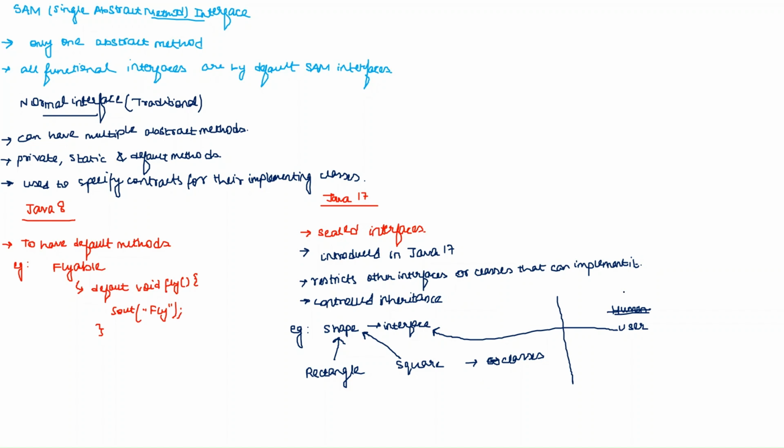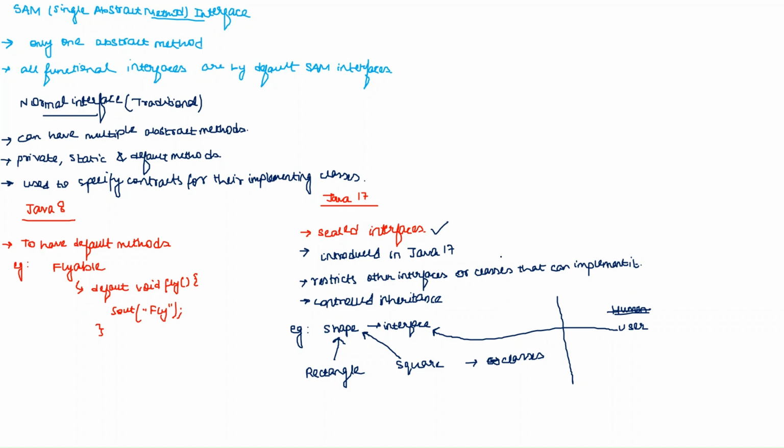But if a user also tries to implement this shape interface and provides false implementations for the methods contained within this interface, the quality of code and the logic of your entire application gets messed up. In order to fix that, you use sealed interfaces.